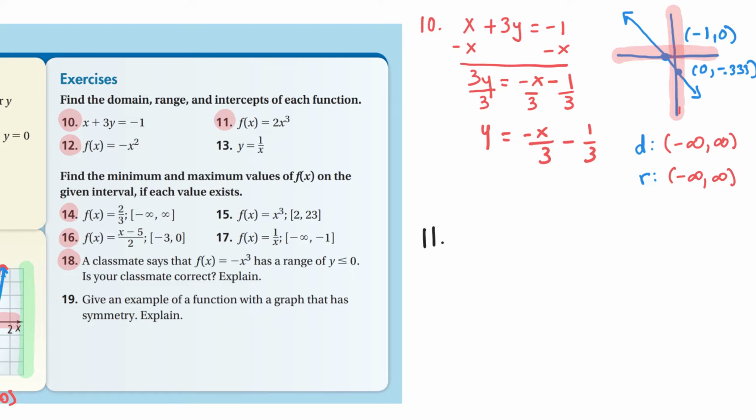Number 11, we have f of x equals 2x to the third power. So what you're going to do is, if you go to Desmos, you can automatically type in f of x equals 2x to the power of 3, okay?